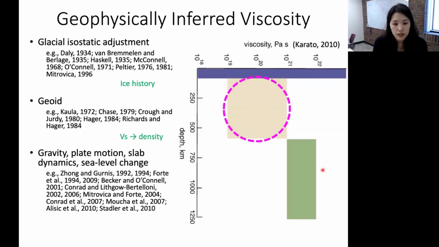And even within the upper mantle, there's a large variation in the viscosity structure that's inferred. So it would be really useful if we could add any additional constraints or any different observables to study mantle viscosity.